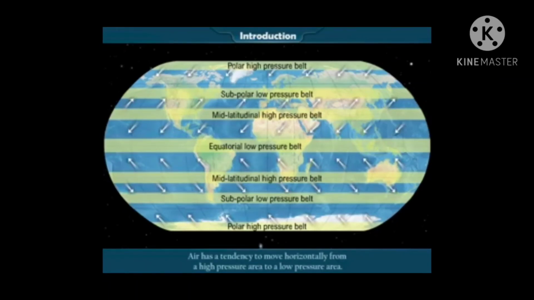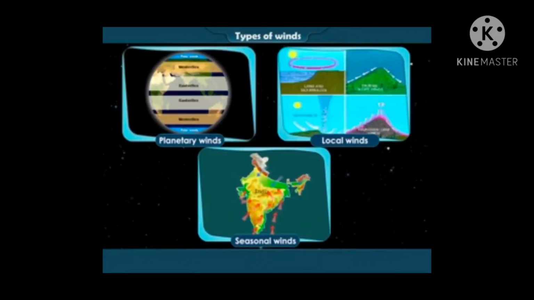And due to which air has a tendency of moving from high pressure area to low pressure area. This movement of air is called winds. Winds are of different types.